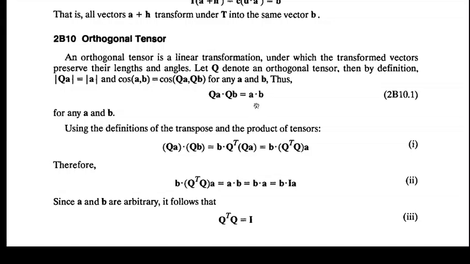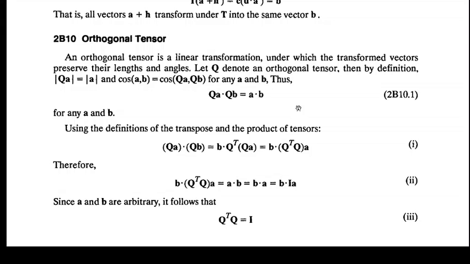QA dot QB will be equal to mod of QA, mod of QB, and cosine of angle between QA and QB. As we know that Q is orthogonal, mod of QA will be equal to mod of A, mod of QB equal to mod of B, and cosine of QA QB will be equal to cosine of AB.